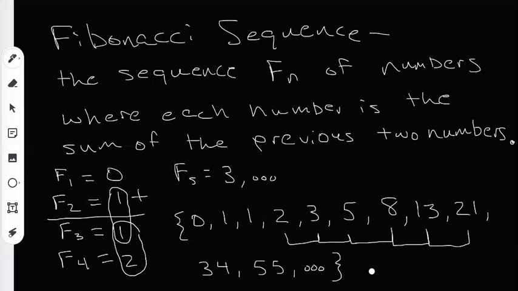So for this sequence, what I'm doing is I'm taking two terms and I'm adding them up to get to each successive term, right? So what I'm doing is I'm taking the nth term to be the previous term, the n minus 1 term, and I'm adding it to the term that came before that, right?